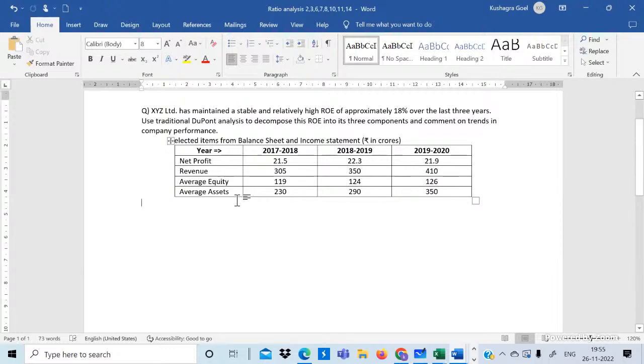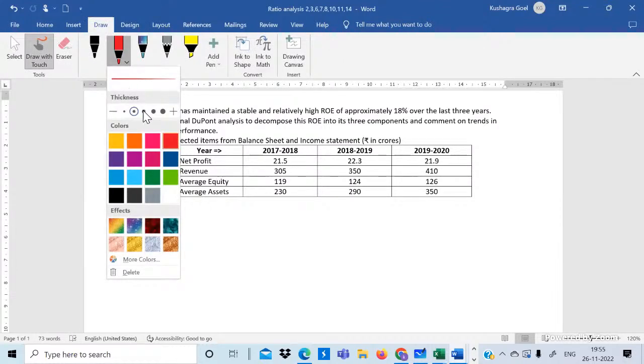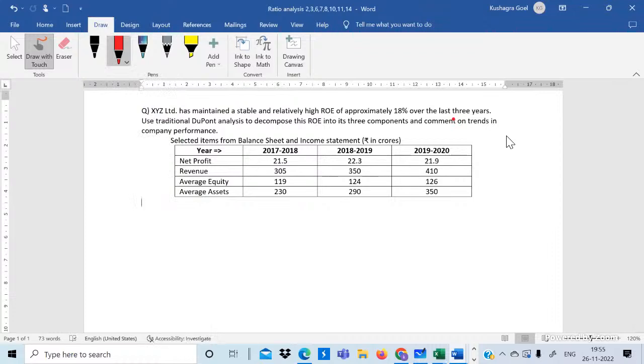So let's do the calculation parallelly. I'll do it along with you. So let's do it. I'll just extend these lines.